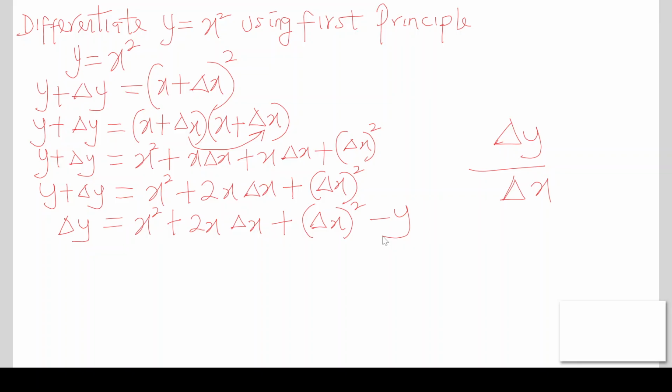So I've done that. Then the next thing, I'm going to be substituting the value of y. Recall from the question, y equals x squared. So I'm going to be substituting the value of y with x squared now. So we have y equals x squared plus 2x delta x, then plus delta x squared, like this, then minus, instead of me writing this y, it becomes x squared, because y equals x squared from the question.